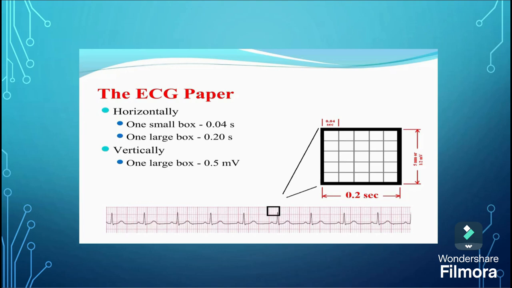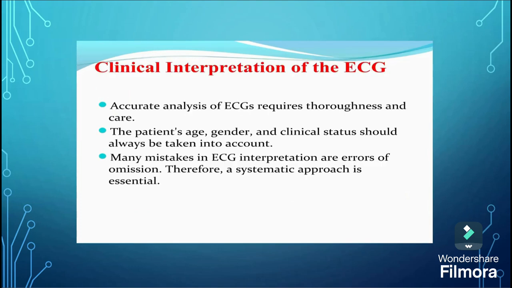Vertically, one large box is equal to 0.5 millivolt. So remember, one small box is 0.04 second, one large box is 0.20 seconds.